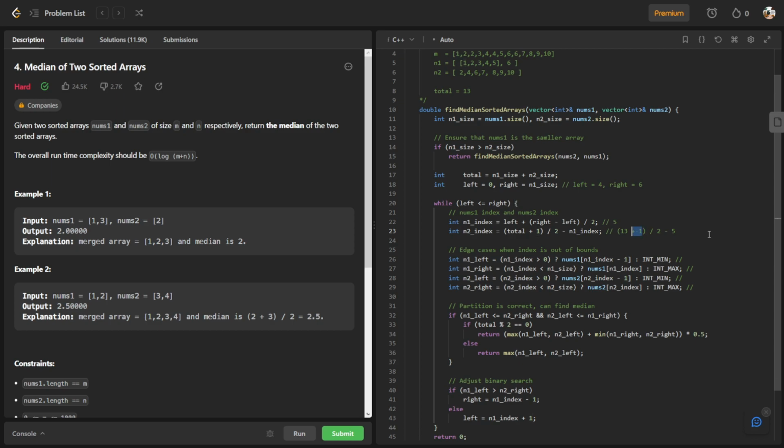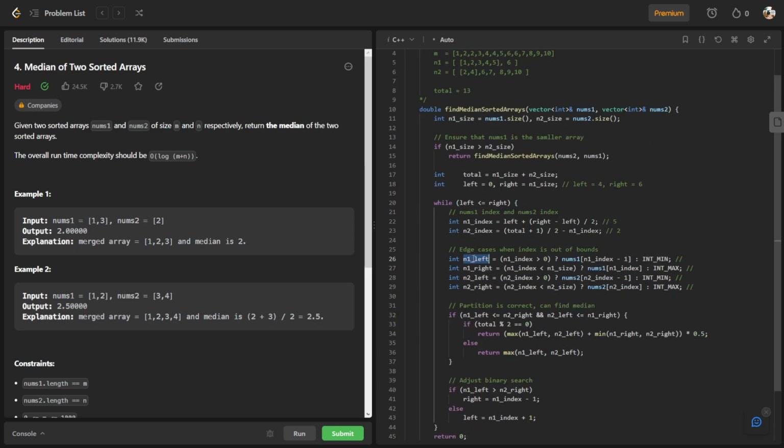So this is 14. Right, 14 divided by 2 is 7. 7 minus 5 is 2. Right. So here we will only have until 0, 1, 2. Am I making sense? 1, 2, 3, 4, 5, 6, 7. Okay.